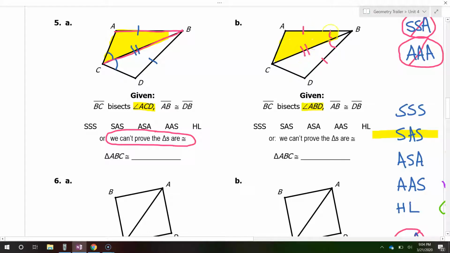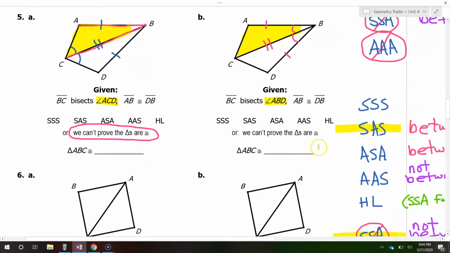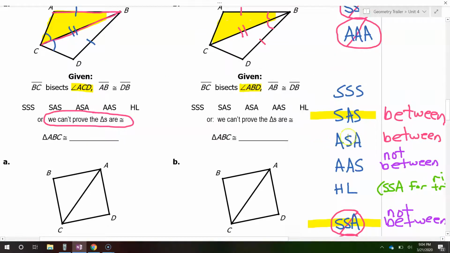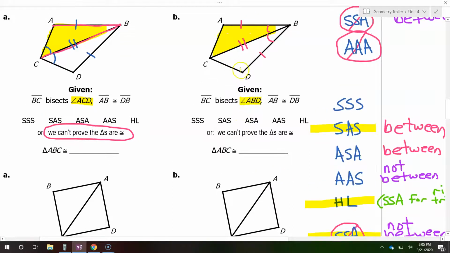We have two sides and an angle. When you have two sides and an angle, there are three possibilities. It'll either be side angle side, hypotenuse leg, or side-side angle, which doesn't prove anything. Again, this is not a right triangle, so it can't be hypotenuse leg. So we can just go ahead and erase that immediately.